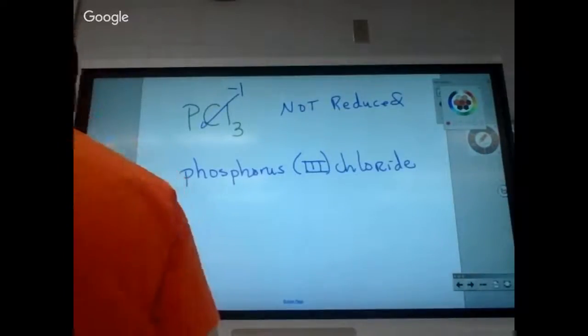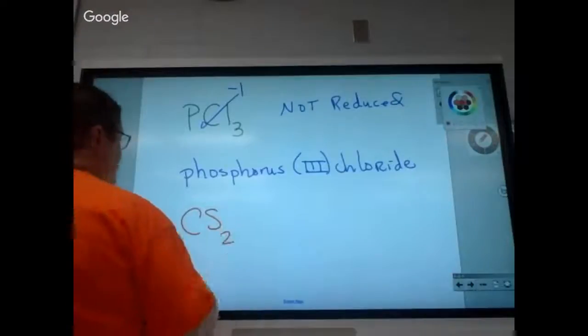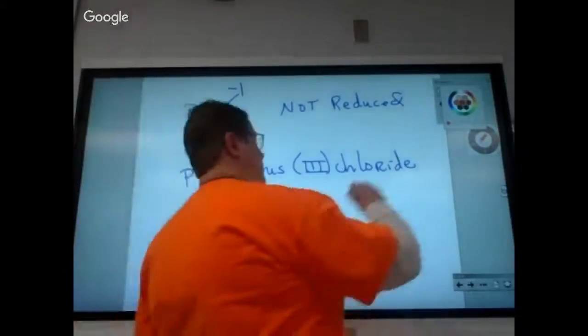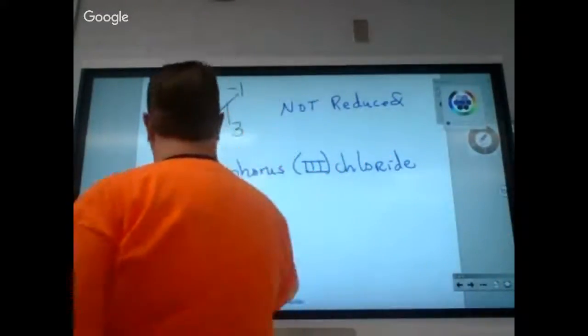Suppose you have this. It reduced. It did reduce because sulfur had a -2.